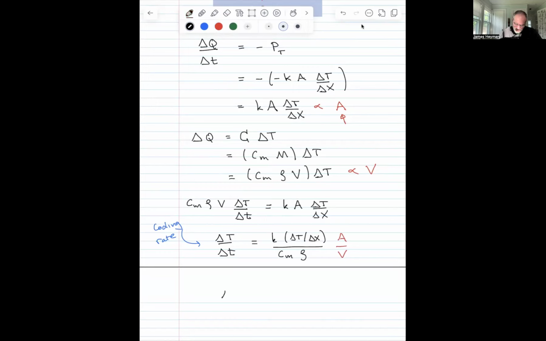That is to say that the cooling rate, delta temperature over delta time, is proportional to A over V. It's proportional to the surface to volume ratio. And we know that the surface to volume ratio is proportional to 1 over the characteristic dimension.